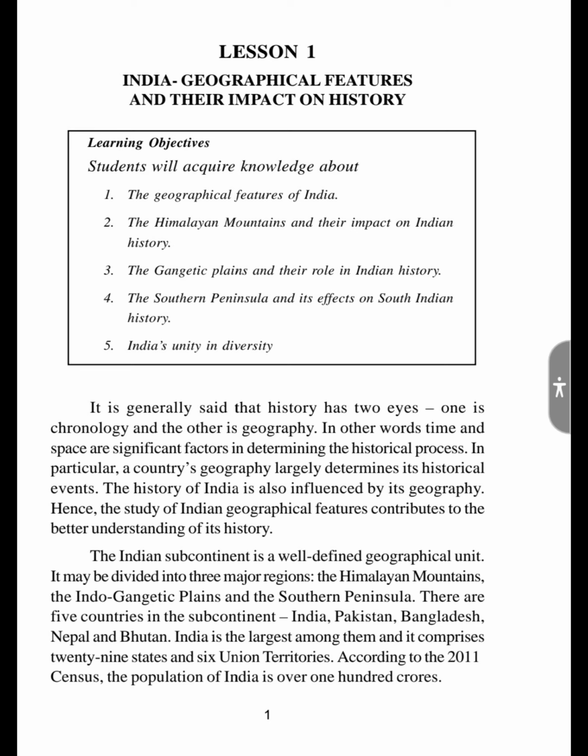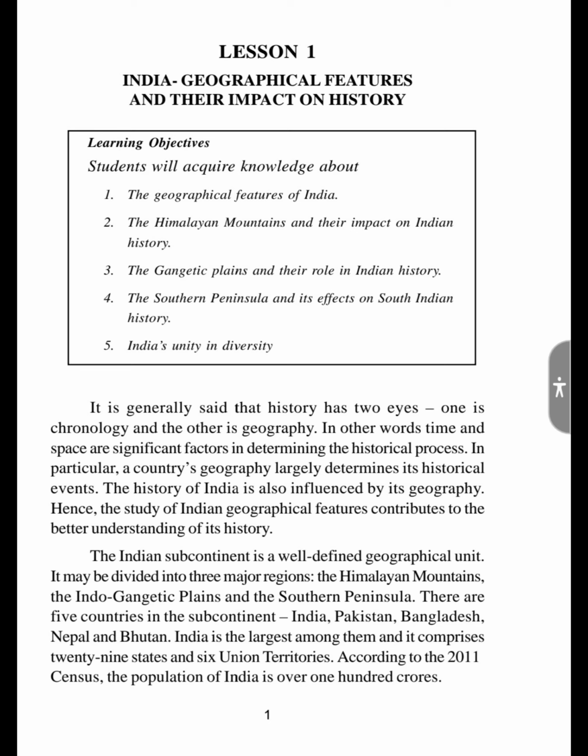Lesson 1, India: Geographical features and their impact on history. It is generally said that history has two eyes. One is chronology and the other is geography. In other words, time and space are significant factors in determining the historical process.